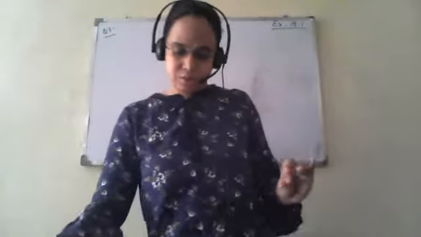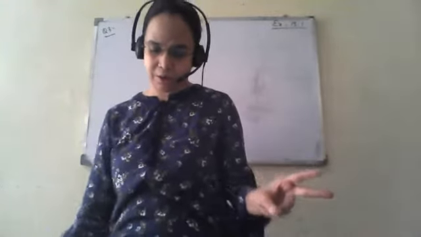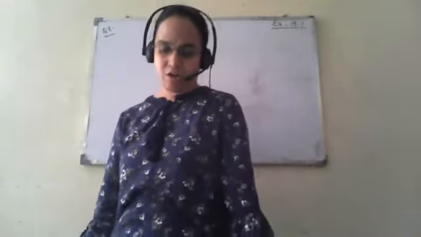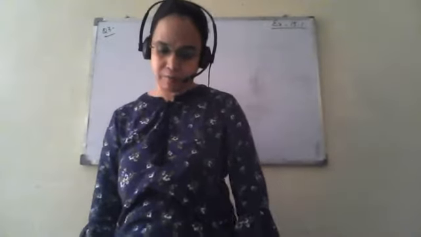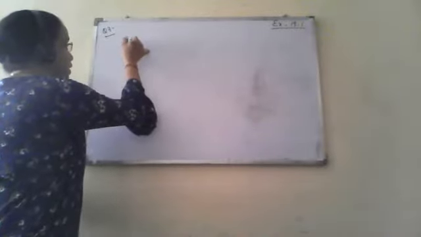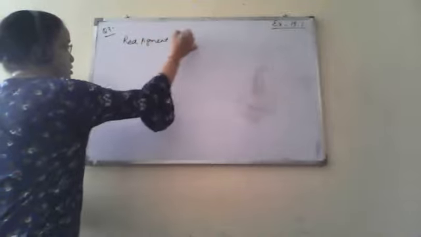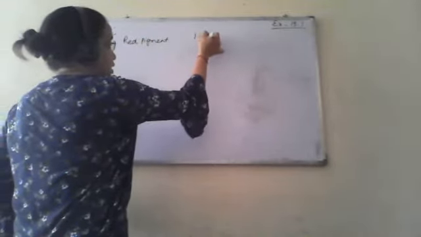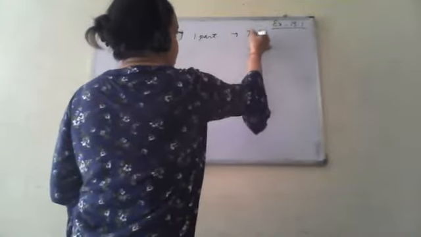Now what does question number 3 say? In question number 2 above, if one part of red pigment equals 75 ml of base, then how much red pigment would be mixed with 1800 ml of base? So red pigment was one part, and one part has been given equal to 75 ml.